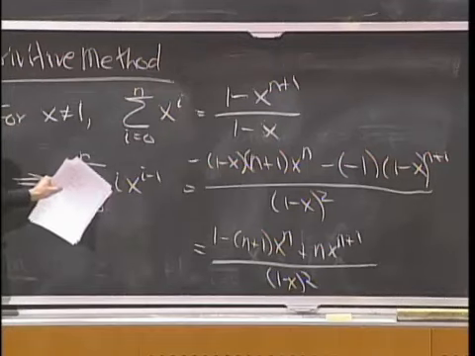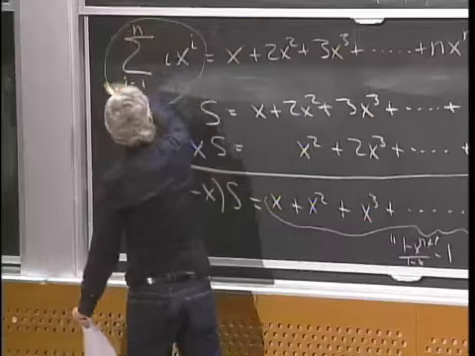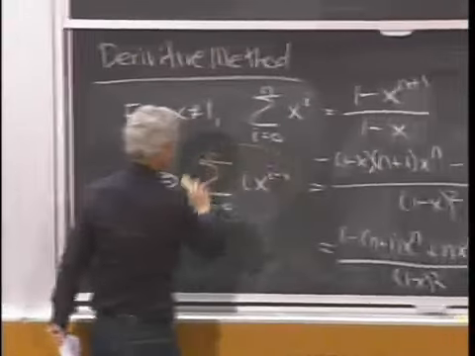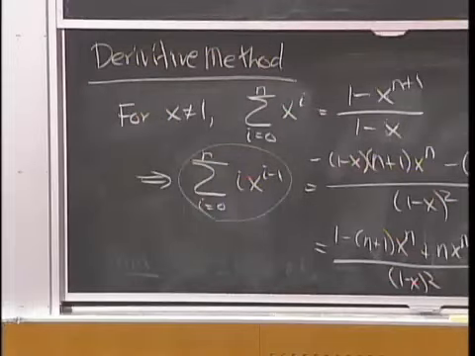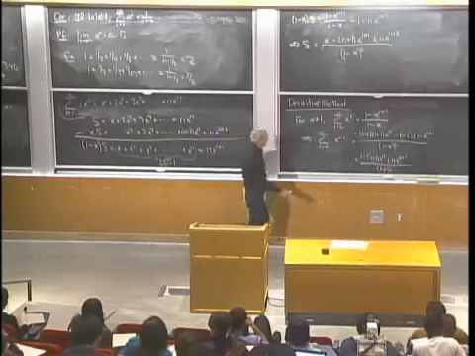This is pretty close to what we wanted. We're trying to figure out this. And we almost got there. What do I do to finish it up? Multiply by x. Good.